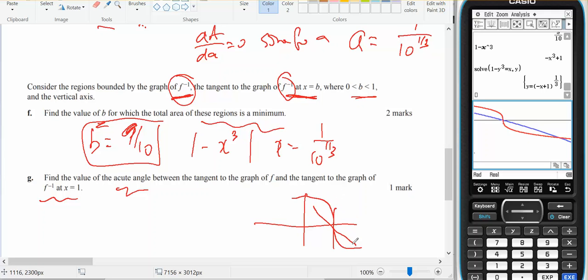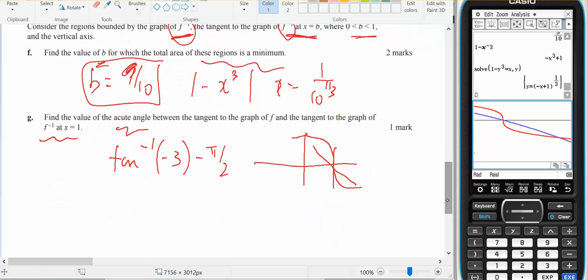So it's going to be the inverse tan of minus 3 minus pi on 2, or pi on 2 minus inverse tan of 3. Either of those would give me this angle in here.